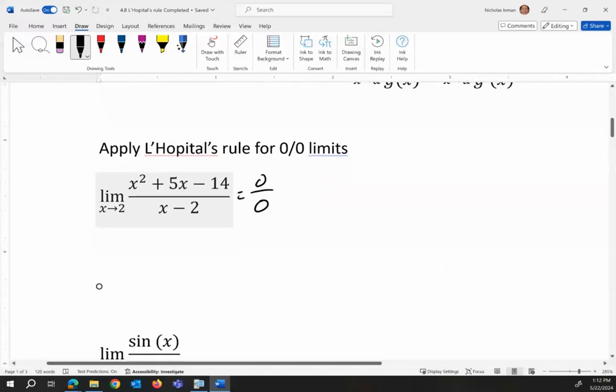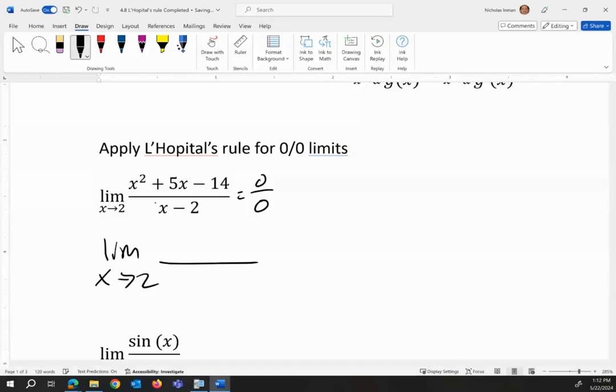So L'Hopital's rule says if you get this, then what you can do is take the derivative of the top, 2x plus 5, the derivative of the bottom. Now try to evaluate, right? Well, now am I allowed to plug in 2? Yeah, 2 times 2 is 4 plus 5, that's 9 over 1.